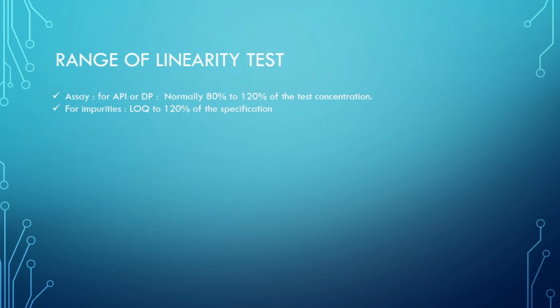For an impurity method, say using HPLC or GC, my linearity range will be from LOQ, the limit of quantification, to 120% of the specification. Some people are doing 2 times the specification. For example, if your limit is 1%, then the upper concentration you are going to measure is 200%.